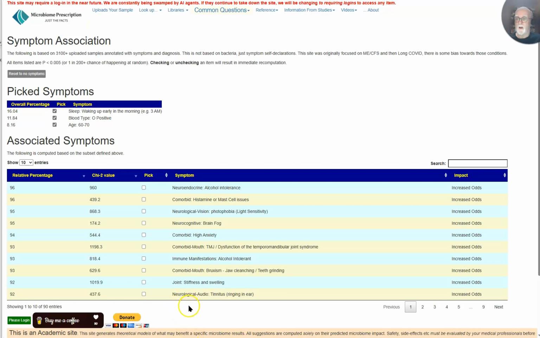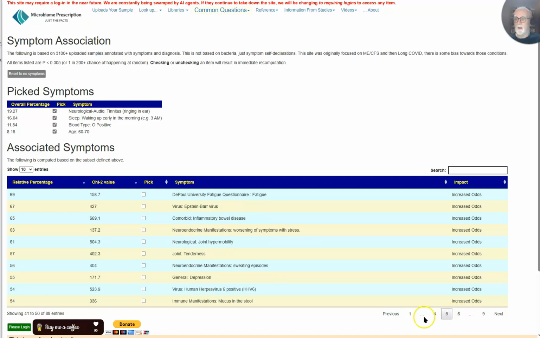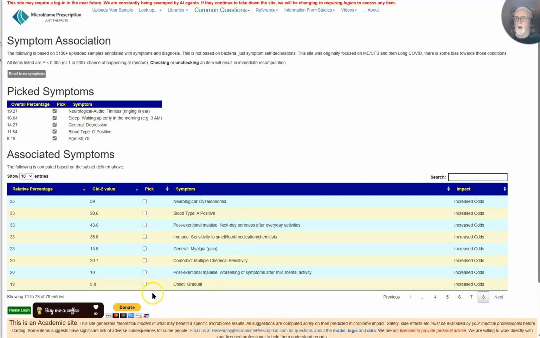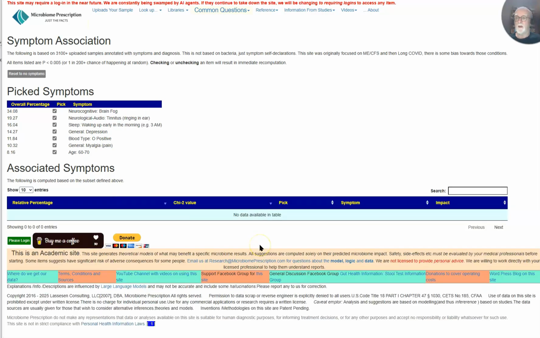For example, ringing in the ears, and we could go down to something more rare like general depression, and that reduces it. Dealing with, let's say, pain, and there we have basically brain fog being the only one where we have all those things, and there is one thing that's statistically significant, and that thing is brain fog. We click that, and that's it.